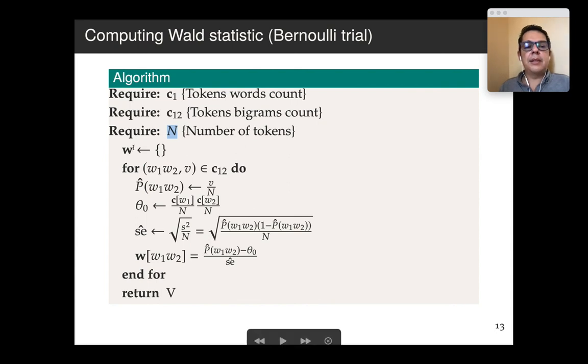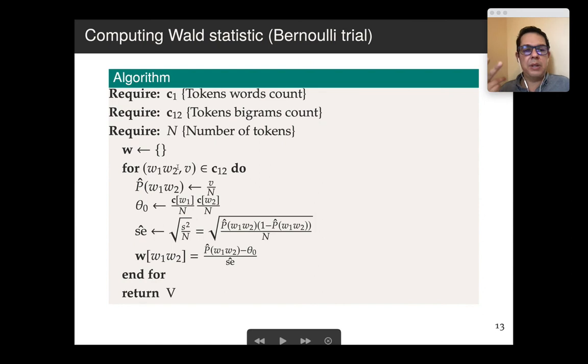Let's define this dictionary W, where we are going to store the Wald statistics for all the bigrams. We iterate for all the key-value pairs in the dictionary C1,2, and we retrieve the bigram, so it's going to be W1 and W2.